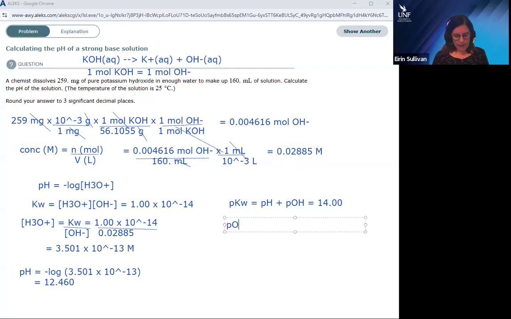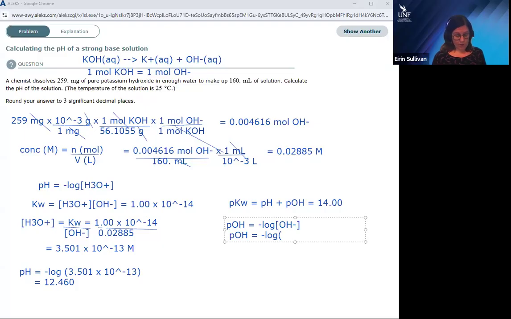So we can obtain pOH by doing minus log of the concentration of hydroxide, because P just means minus log base 10. One note of caution if you choose to do method 2 instead of method 1 is that you're going to get a number right now for pOH, which, if you weren't paying attention, you could interpret as being your final answer, and it is not.